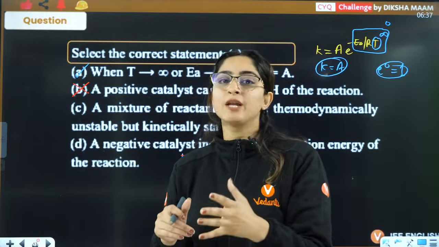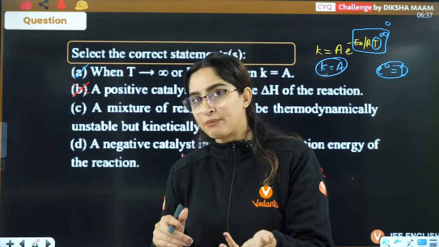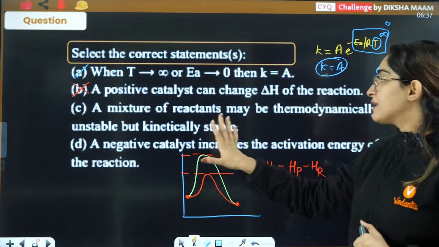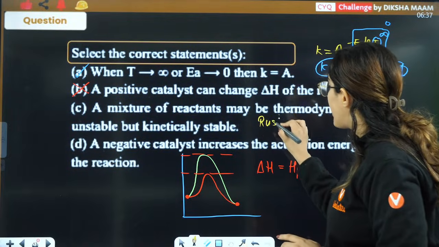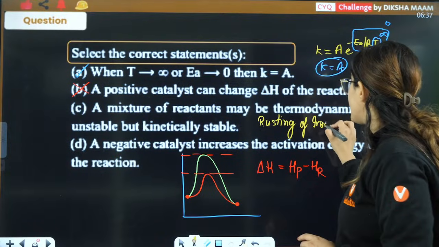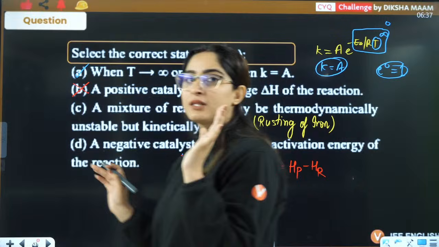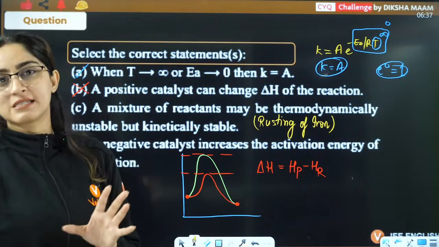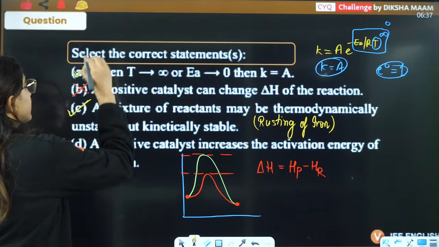And thermodynamically means it is a spontaneous process and that is why it will take place. So there are reactions which are thermodynamically unstable and kinetically stable, like rusting of iron. This is one of the famous examples which is thermodynamically unstable, it will take place, but kinetically this reaction will not take place, right? So that is also the correct statement. So this is correct, this is correct.